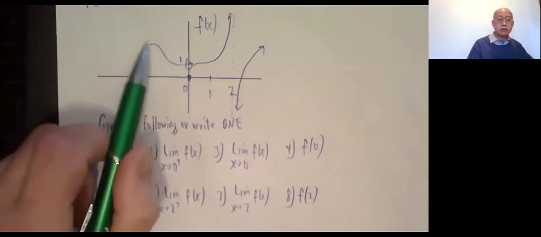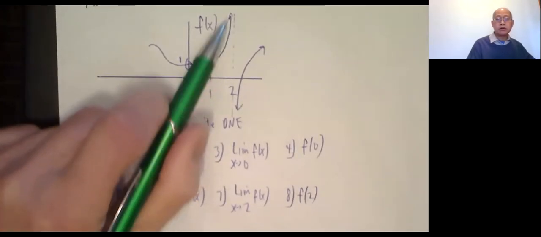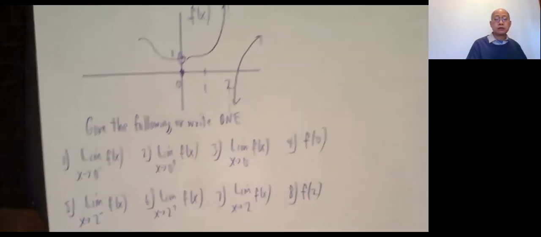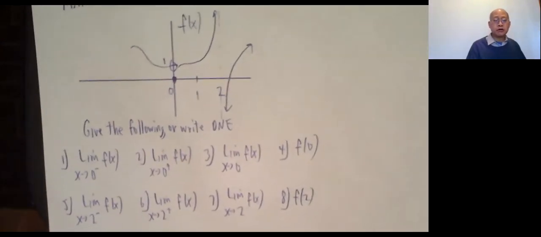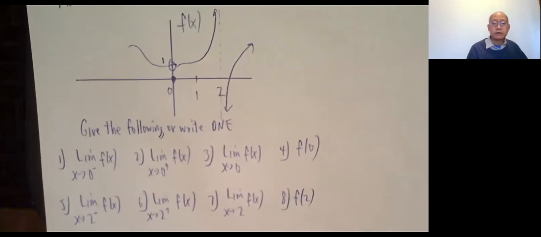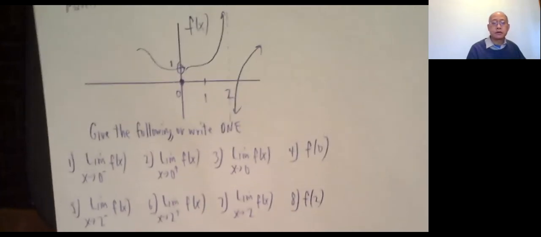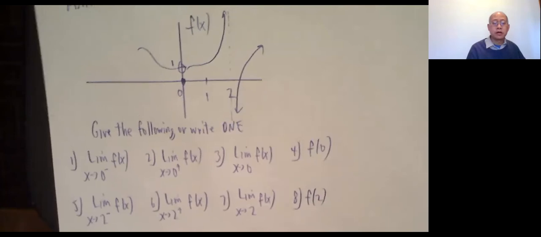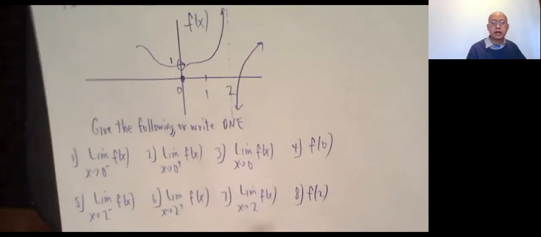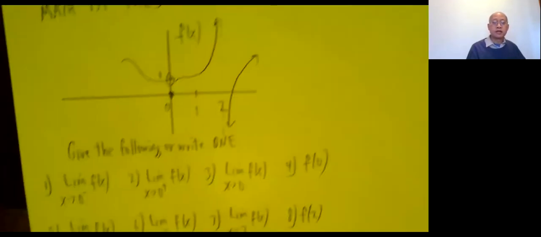The graph goes like so: open circle, dot down here, goes up here, asymptote, goes down here, and continues on there. So number 1, give the limit as x approaches 0 from the left. 2, limit as x approaches 0 from the right. 3, two-sided limit, and 4, f of 0. And 5 through 8, same thing with 2: limit as x approaches 2 from the left, from the right, two-sided, and f of 2. So give the following, or you can write DNE if it does not exist.